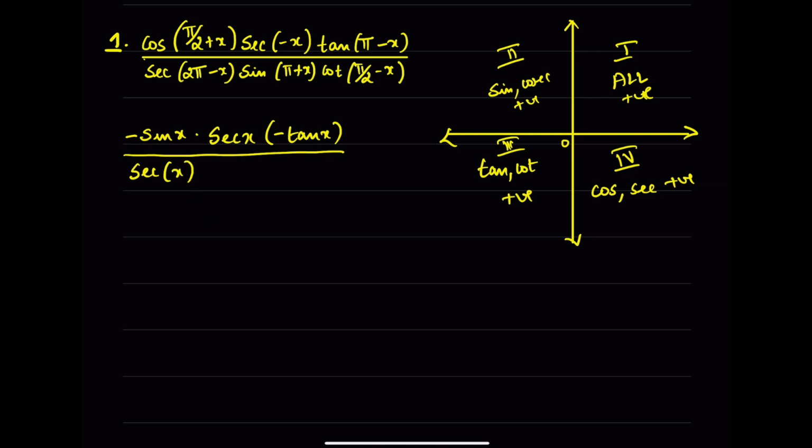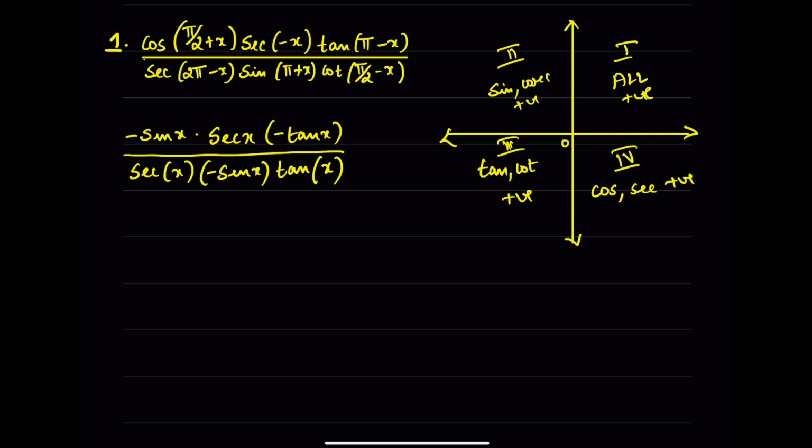Pi plus x is 180 plus x, which is the third quadrant, and that is negative for sine and cosecant. So this will be minus sine of x. Now cotangent of pi/2 minus x will be in the first quadrant, and in the first quadrant all are positive. So cot of pi/2 minus x will be tan of x.